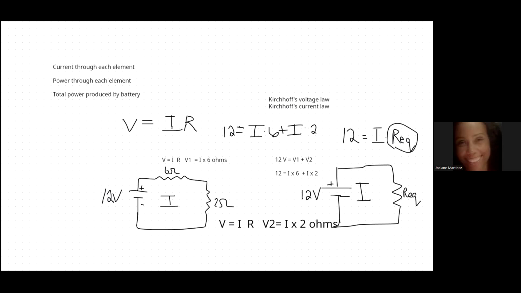Okay, let me just do a little simple algebra here. We're going to just factor out the I. This algebra is simple. I times 6 plus 2. These are the ohms from the first circuit. So we see that in order for these I's to be equal, the REQ has to match this 6 plus 2.